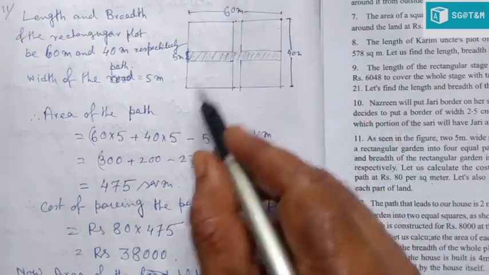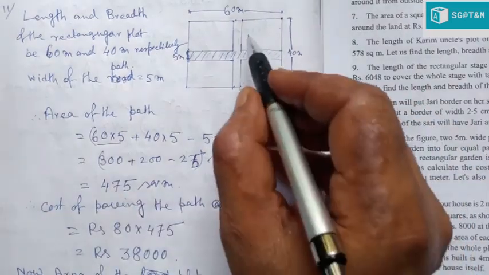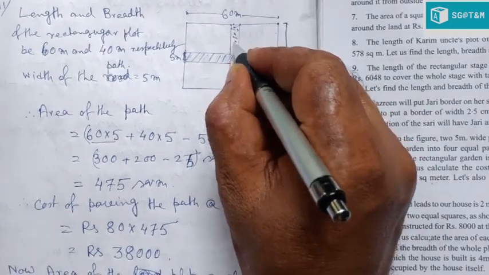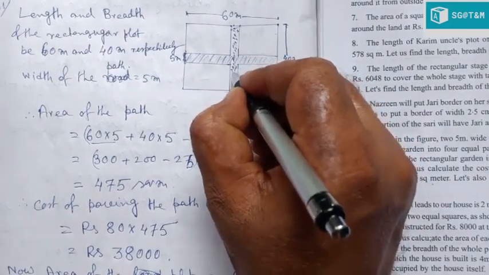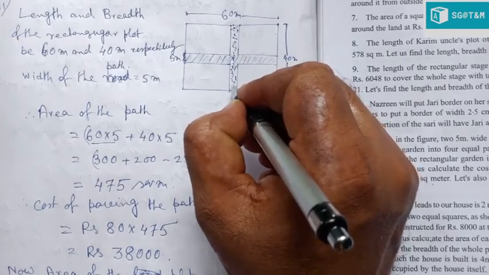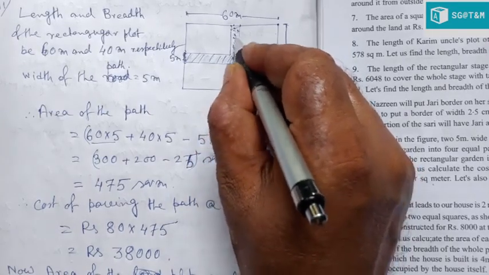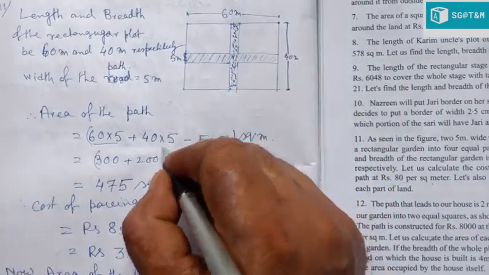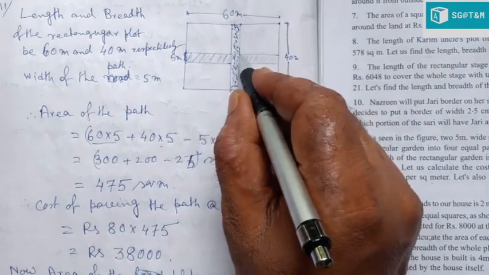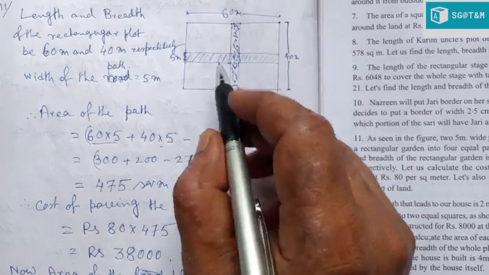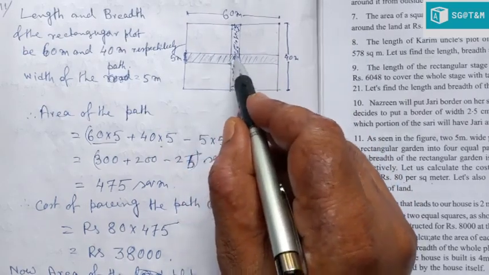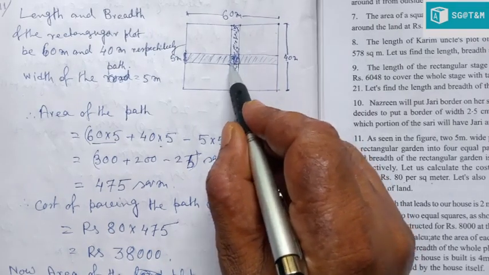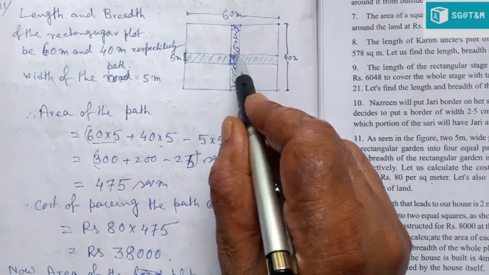So the area of this portion is 5 into 60, and the area of this portion, if we draw in dotted line, is 40 into 5. But we see that this portion comes twice when we take it this way. This portion is marked double, one shaded, another dotted. This portion is a square with each side 5 meter.